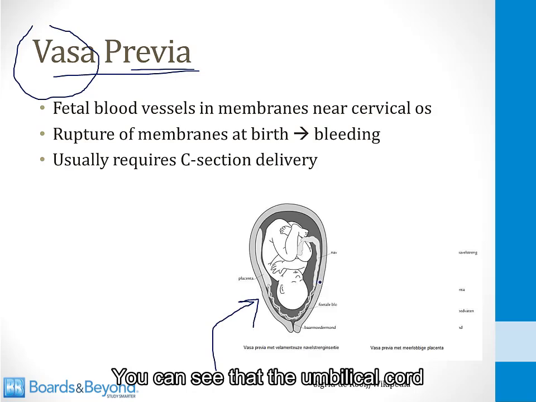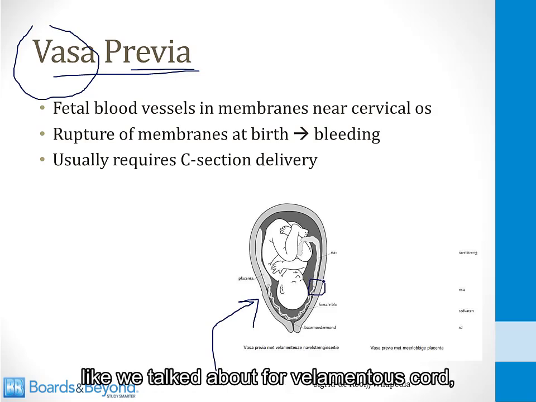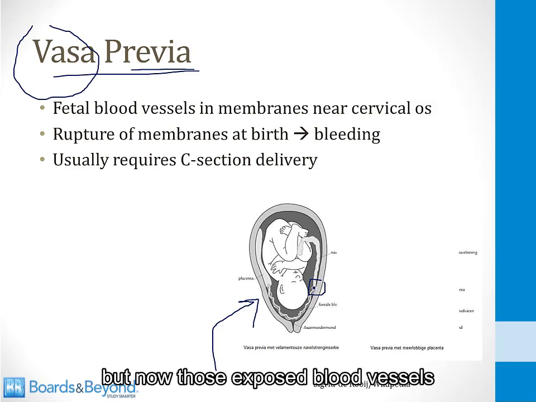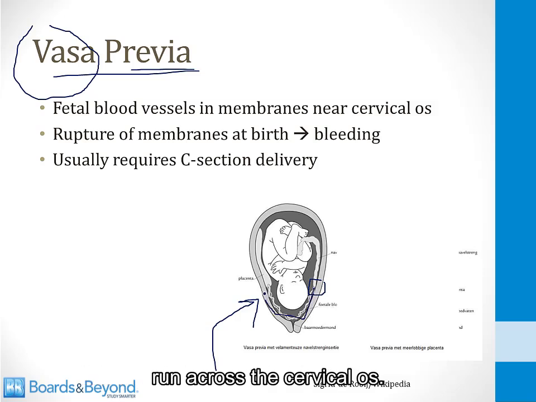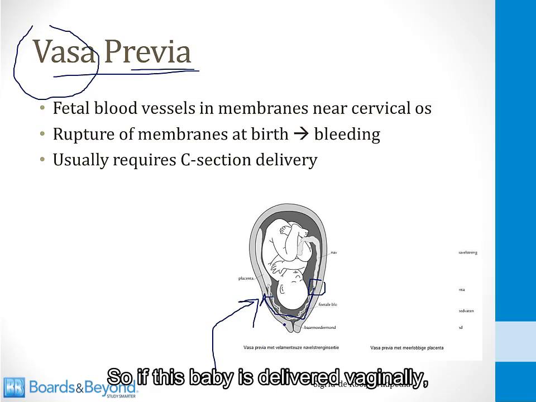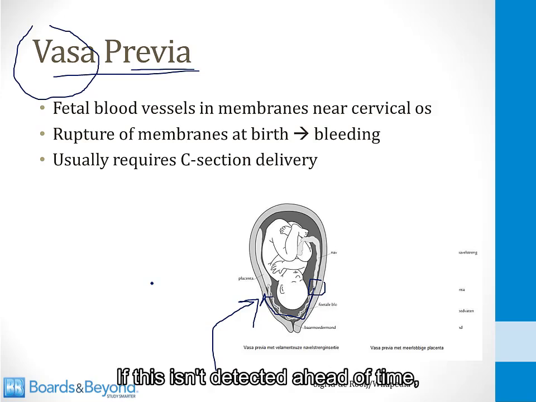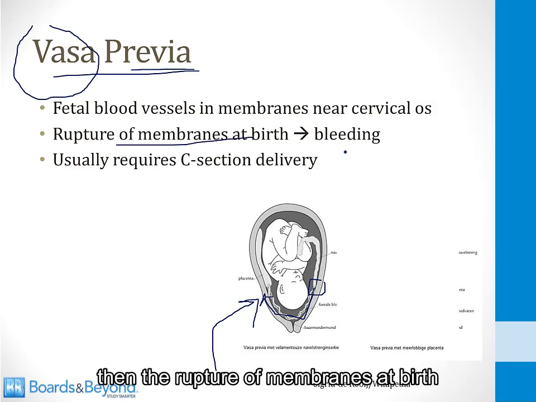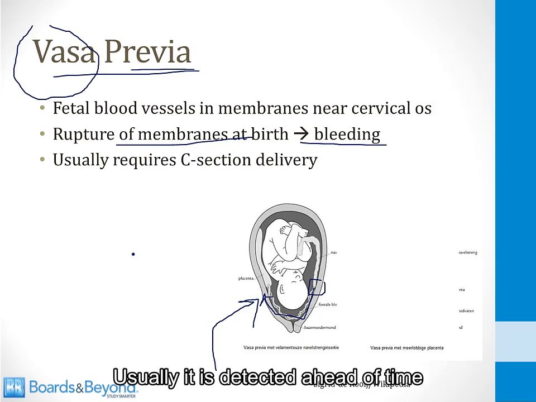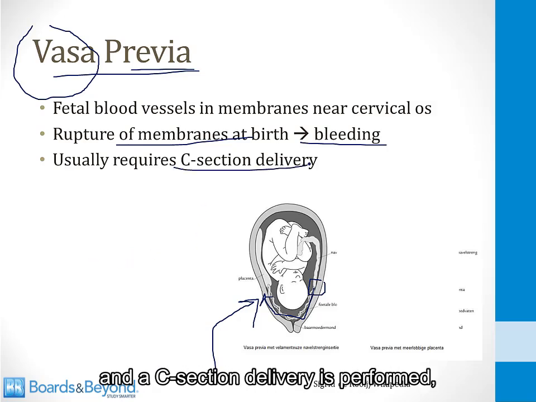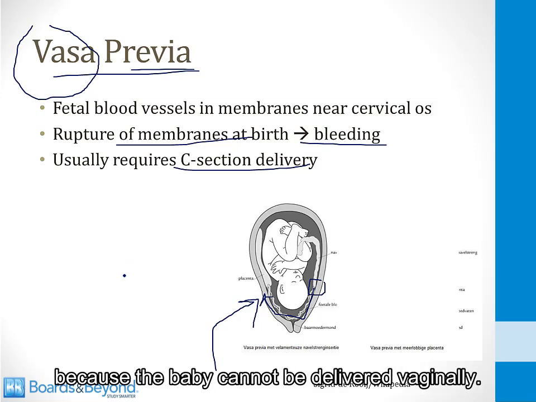You can see that the umbilical cord inserts into the membranes like we talked about for a velamentous cord, but now those exposed blood vessels run across the cervical os. So if this baby is delivered vaginally, the baby will rupture the fetal blood vessels. If this isn't detected ahead of time, then the rupture of membranes at birth often leads to bleeding. Usually it is detected ahead of time and a C-section delivery is performed because the baby cannot be delivered vaginally.